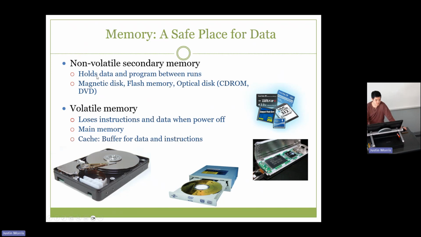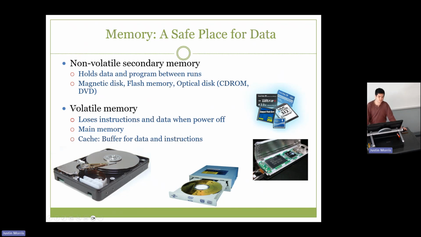So one thing that we usually find as the trend is non-volatile is very large, very high capacity, and cheap. And then volatile memory is very small, very low capacity, low density, and very expensive. So that's where the memory hierarchy comes in. Okay?